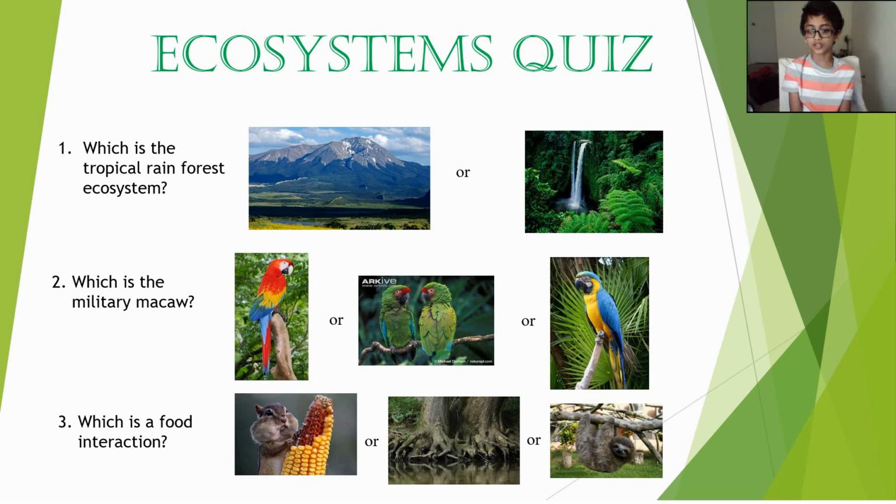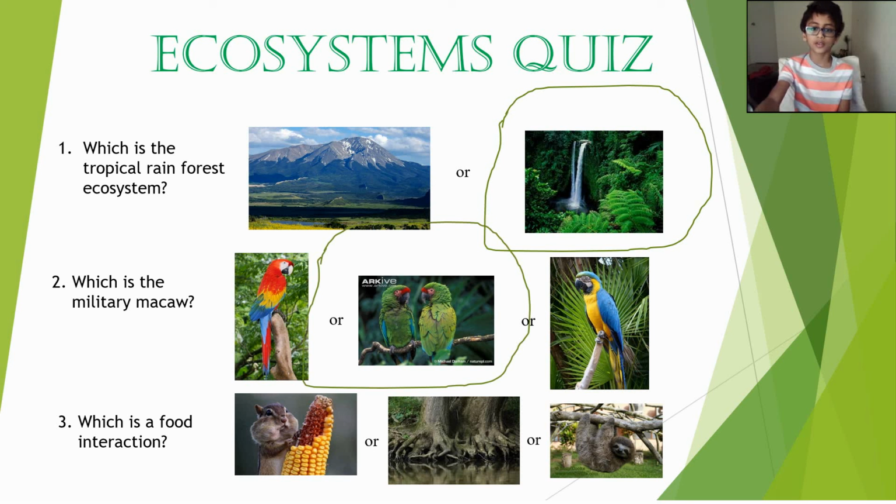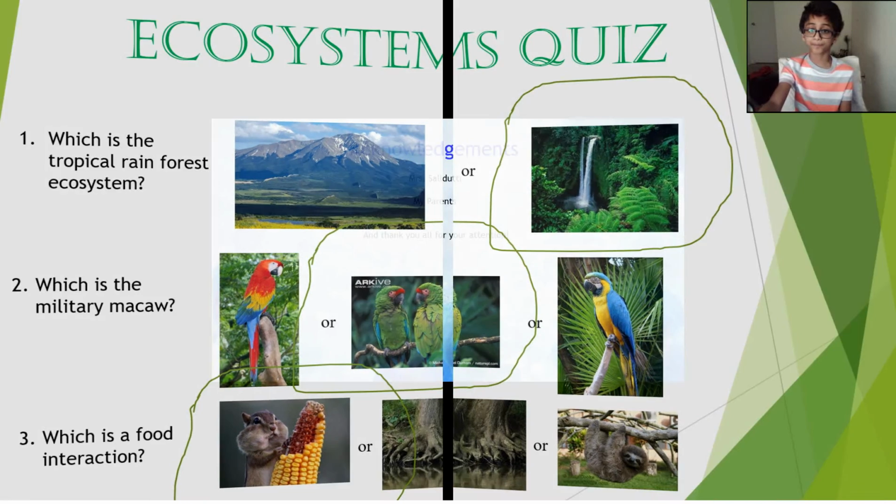And third is, which is a food attraction? So I've given you some time to answer these questions. Now let's check out the answers. First one is the second one, the tropical rainforest ecosystem. The military macaw is in the middle, and the food attraction is actually the chipmunk eating corn.